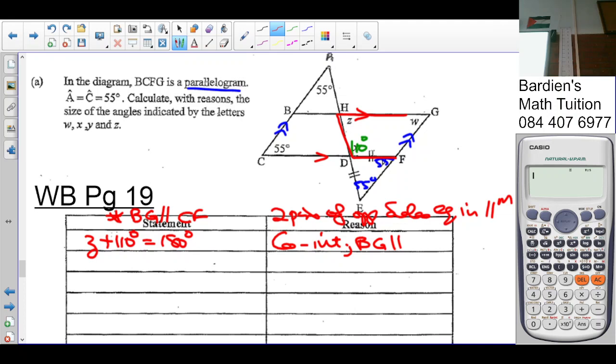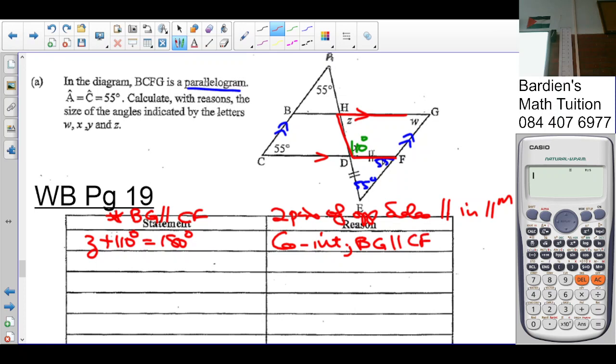Yes, Michael. Two pairs of opposite sides parallel, not equal. I made a mistake there. Two pairs of opposite sides parallel in a parallelogram. Thank you. Now I can say that z plus 110 degrees is equal to 180, co-interior angles with BG parallel to CF.